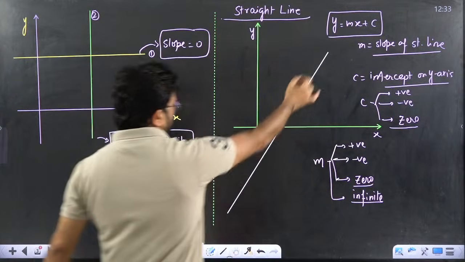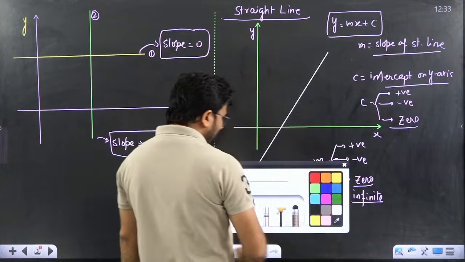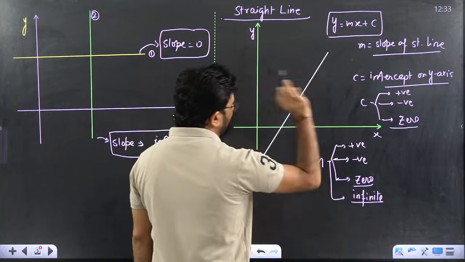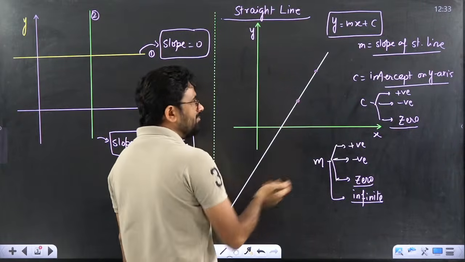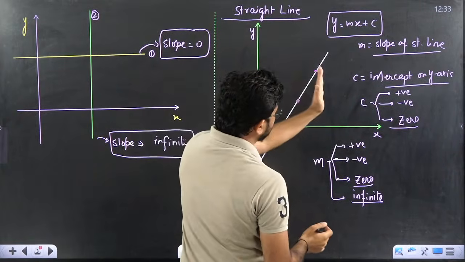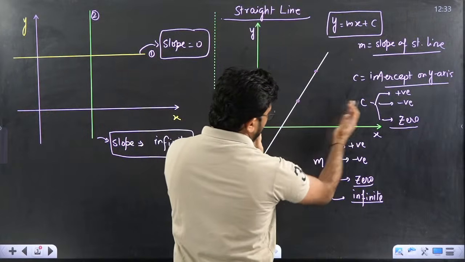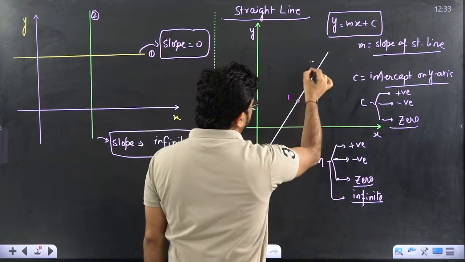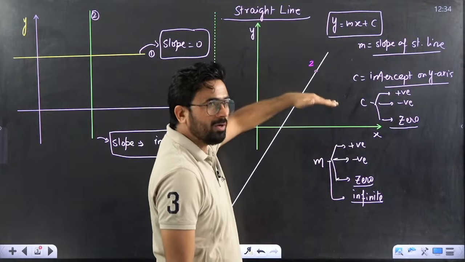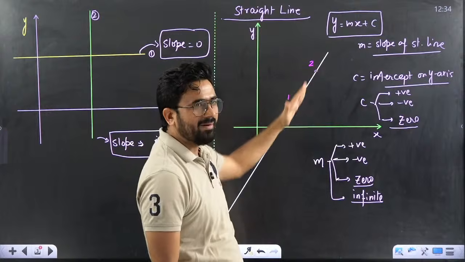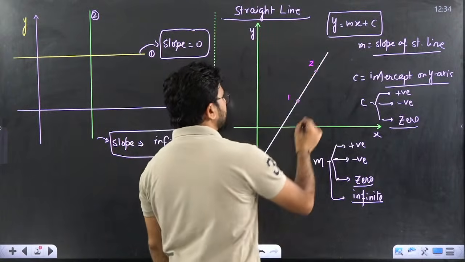Now read this. This line is there. On this line, you can choose any 2 points. Suppose I am choosing these 2 points, and I am moving left to right. So this is left, this is right. This is the first point, this is the second point. Now see, is the second point on the higher side or lower side? Higher side. Rising up. Rising up means positive slope.